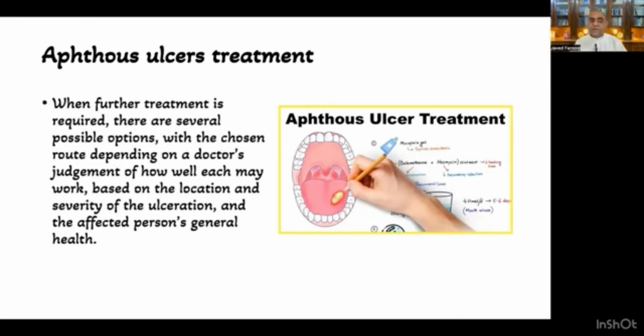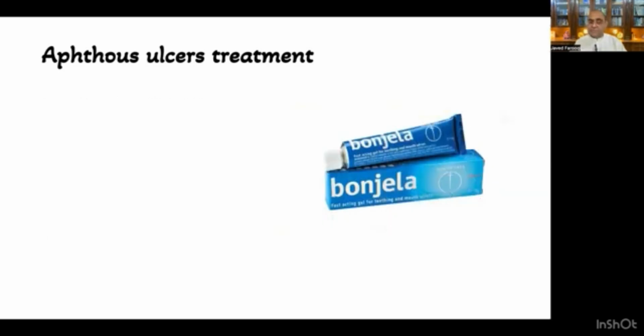When further treatment is required, there are several possible options, with the chosen route depending on a doctor's judgment of how well each may work. So it's your choice that you will prescribe these drugs to any person.